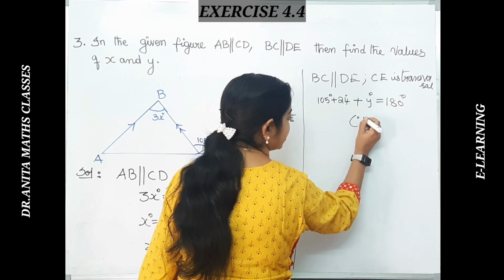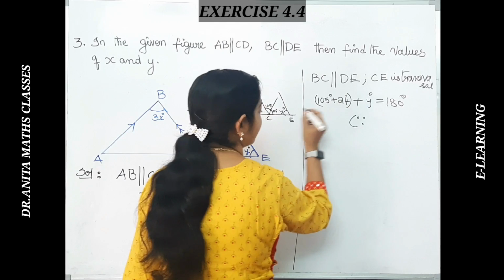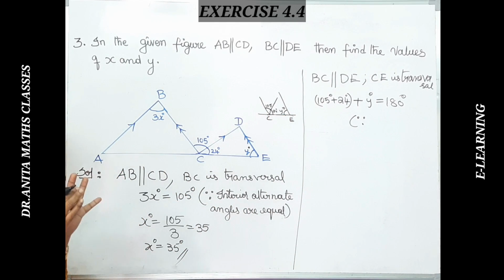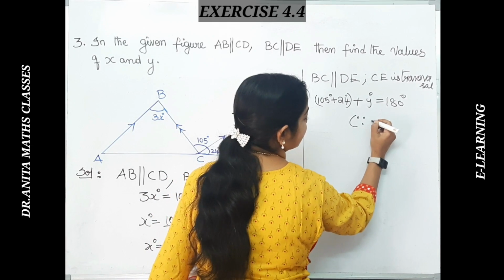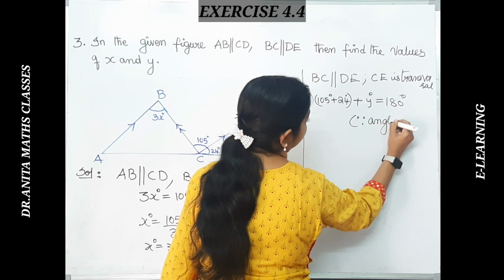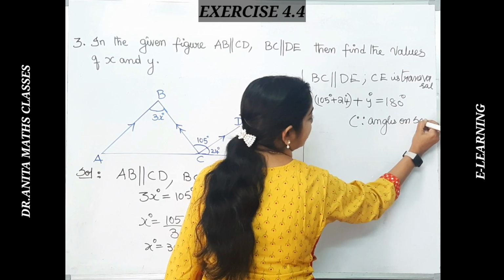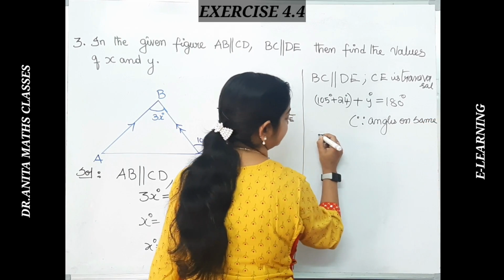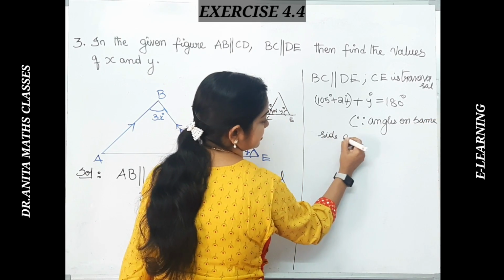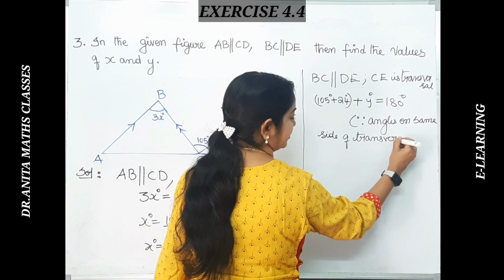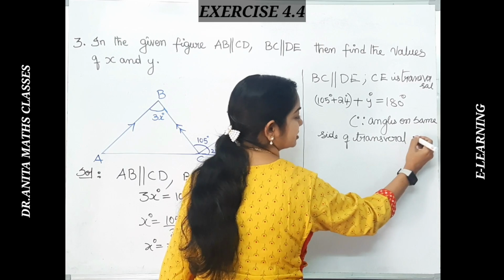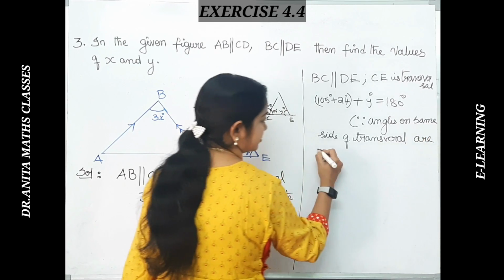Why do we have to mention this? This is one set: 105 plus 24 is one angle and y is another angle. These two angles are on the same side of the transversal.